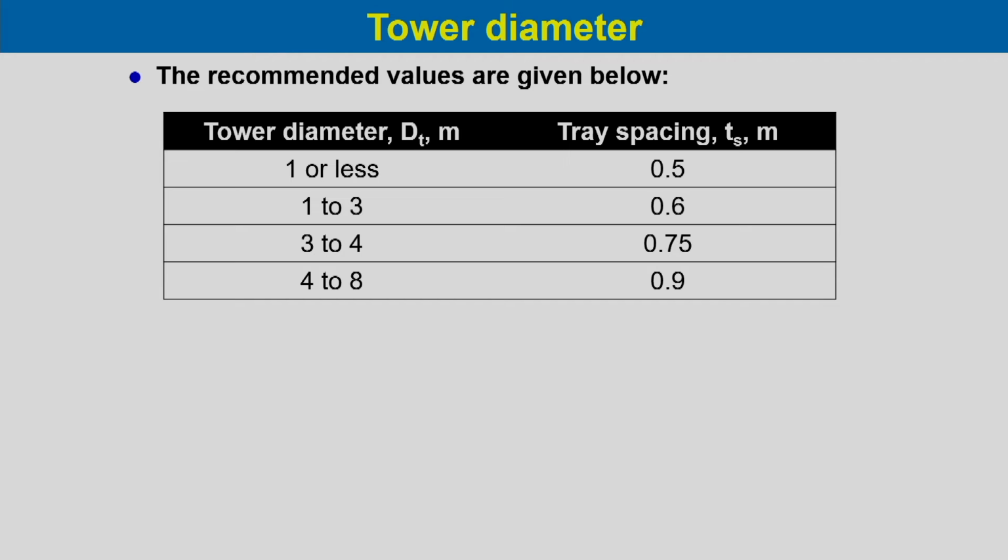When the tower diameter in meter is 1 or less, the tray spacing you can set as 0.5 meter, and when the tower diameter is between 1 to 3, the tray spacing is 0.6 meter, and between 3 to 4 meter tower diameter, the tray spacing is 0.75 meter, and for 4 to 8 meter the tray spacing is 0.9 meter.